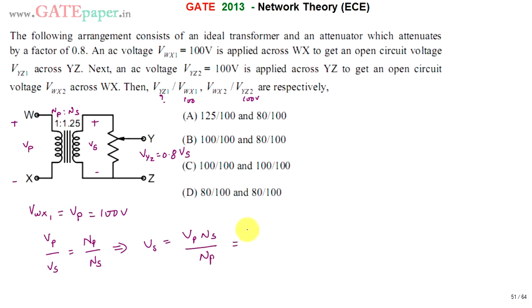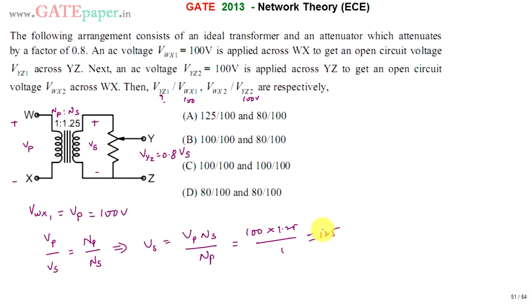Vp is the primary voltage, which is 100, into Ns, secondary turns 1.25, divided by primary turns 1. So 1.25 into 100 divided by 1 gives the secondary side voltage as 125.